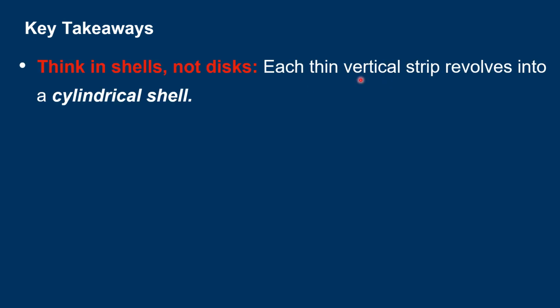What do you learn from this lecture, guys? What do you learn about the shell method? First, we're thinking about shells, not disks. A thin vertical strip revolves into a cylindrical shell, a very thin cylinder.